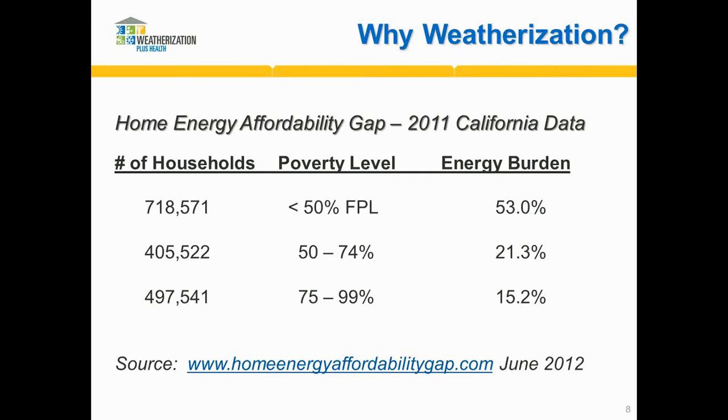So it's huge. And then the next income bracket, 50 to 74%, their energy burden goes down to 21%, which is still a high energy burden. That's another 400,000 families, and so on. And this information that is on this slide is available at that website that's posted, homeenergyaffordabilitygap.com.